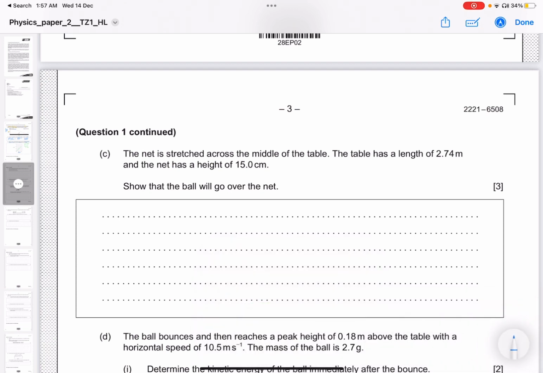Next, they're asking us: the net is stretched across the middle of the table. The table has a length of 2.74 meters, and the net has a height of 0.015 meters or 15 centimeters. Show that the ball will go over the net.